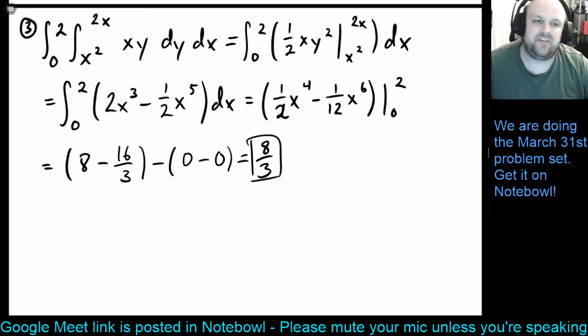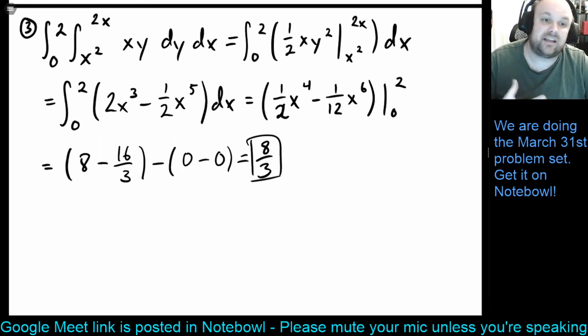You might get some fancy programs that can figure it out for you, but as far as I'm aware, Mathematica can't do it, at least. So we have to know how to set up these integrals. So for the next problems, 2 through 5, I want to just worry about setting up the integrals rather than actually computing them.